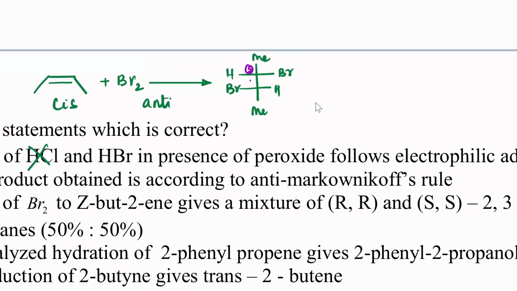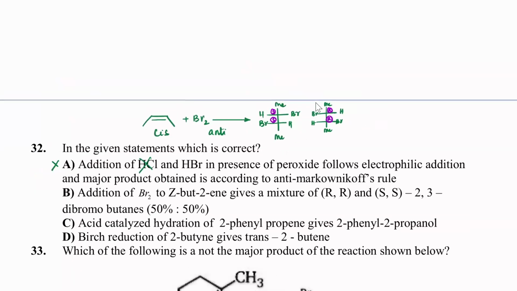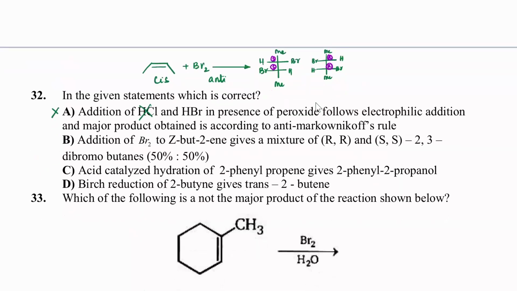If this is S, this will also be S. Likewise, if you have Br here and Br here, methyl and methyl, H and H, the same thing will follow. If this is R and this is R, this is the product formation. So yes, both will be 50-50 percent, a racemic mixture. So B is correct.